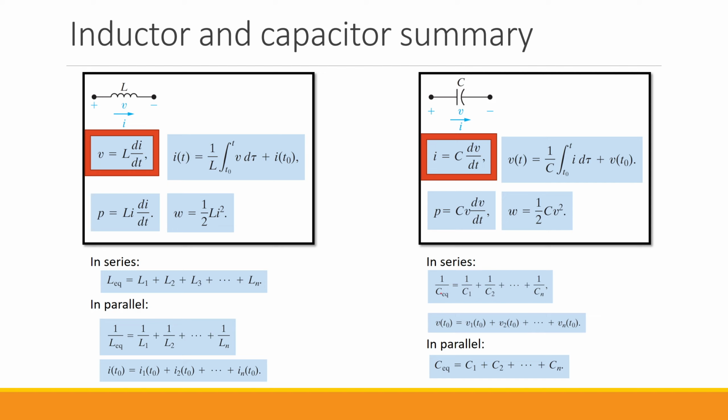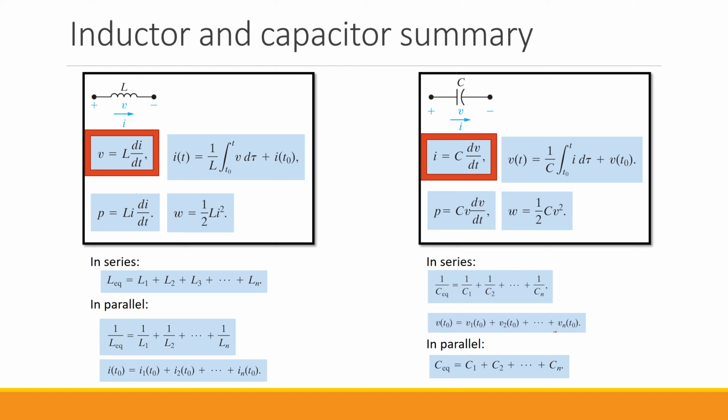Capacitors, on the other hand, behaved similarly to conductance components. If you remember, conductance was the reciprocal of the resistance. So if you have some capacitors connected in series, 1 over the equivalent capacitance was 1 over C1 plus 1 over C2 all the way to 1 over Cn.